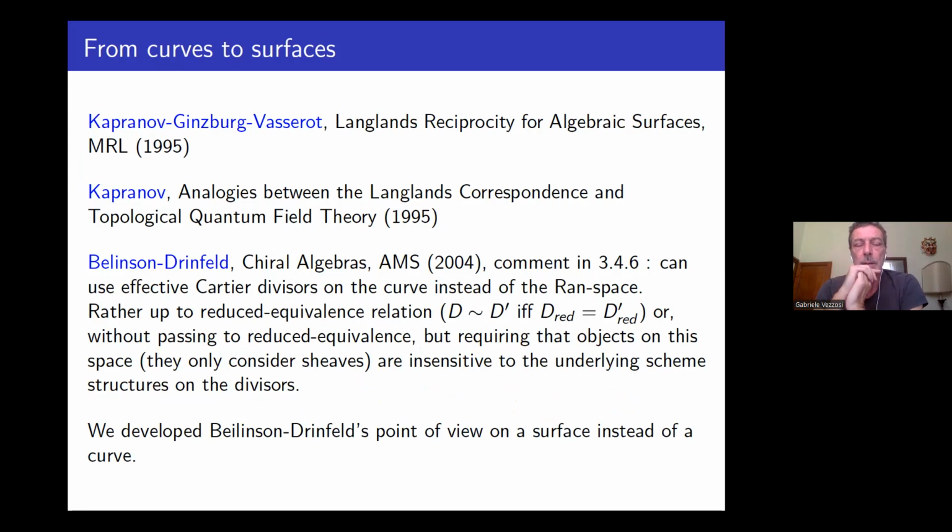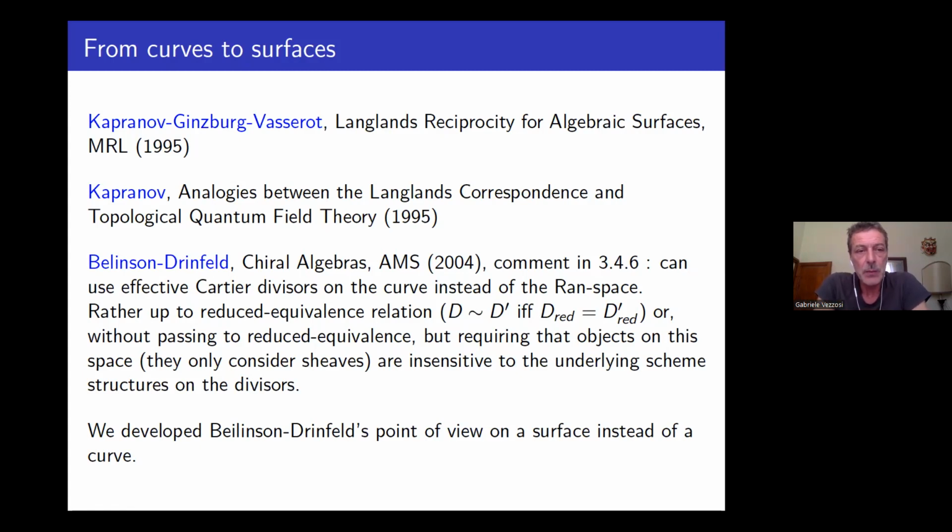I guess the first attempt to extend some kind of Langlands program to algebraic surfaces is this paper by Kapranov, Ginzburg, and Valerio in '95. And in the same year, there is this beautiful paper by Kapranov on the analogies between the Langlands correspondence and TQFT, where especially he uses higher local fields.